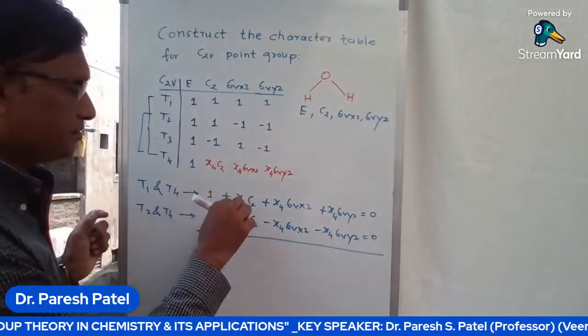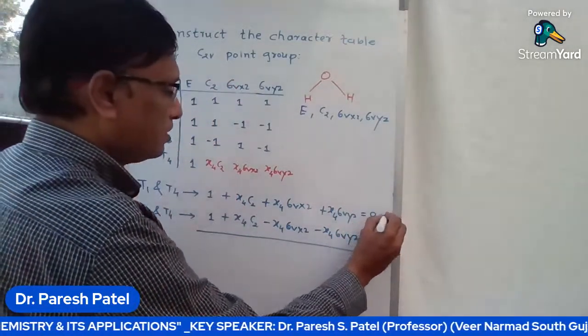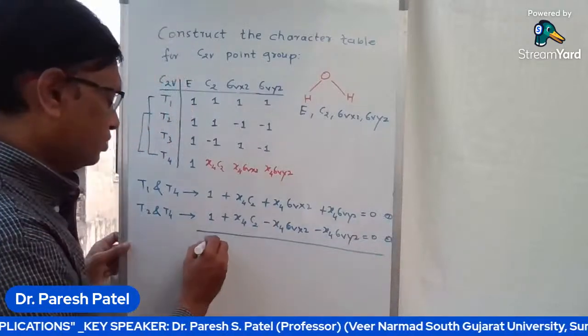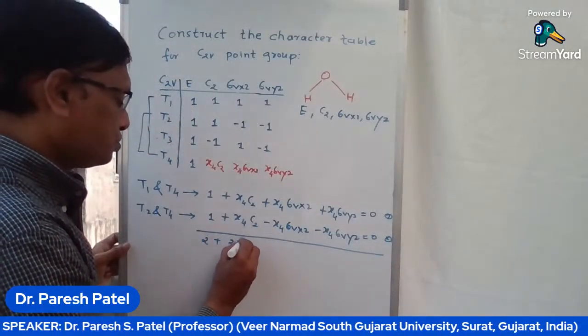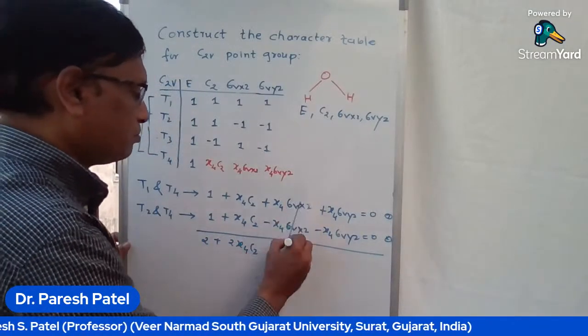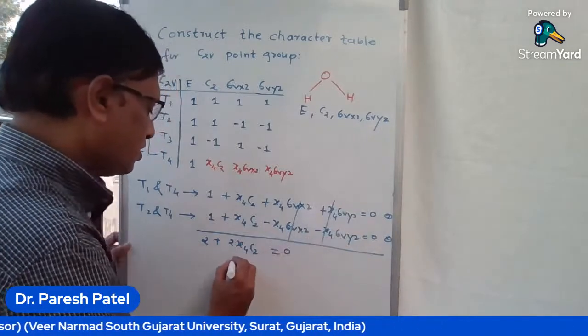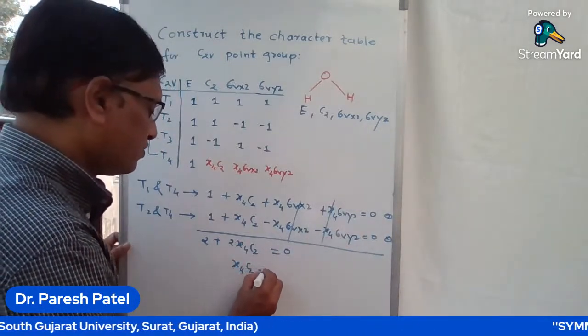Now add equation 1 and 2. Suppose this one is 1 and this one is 2. So 2 plus 2 character 4 C2, the others cancel out, is equal to 0. It means character 4 C2 is equal to minus 1.